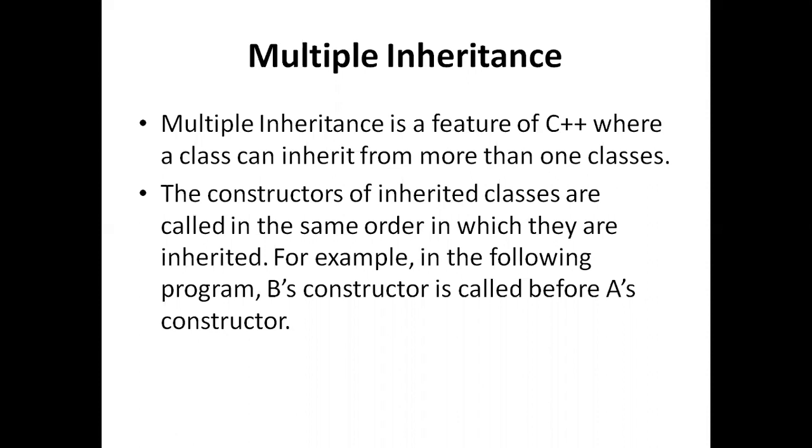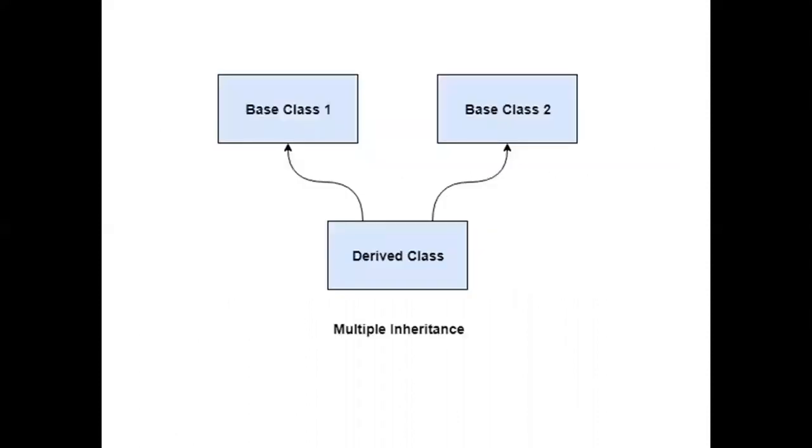For example, the constructors of inherited classes are called in the same order in which they are inherited. In the following program, the B constructor and then the A constructor are called. Okay. Now, here is the diagram of multiple inheritance.